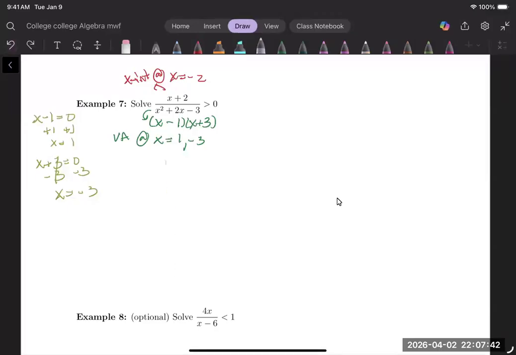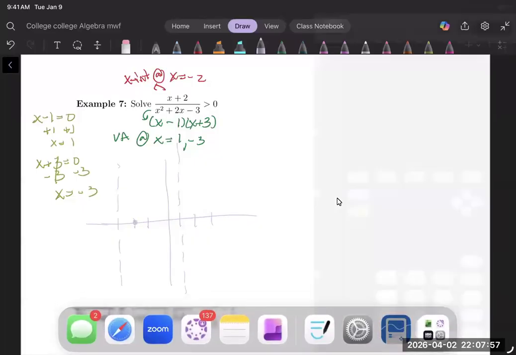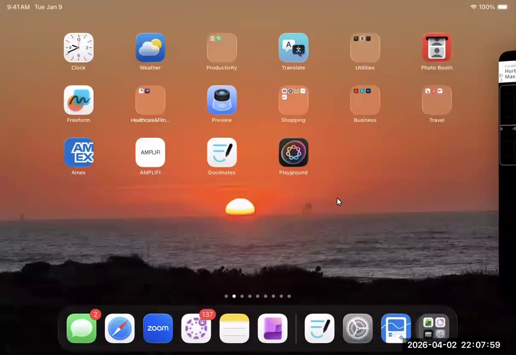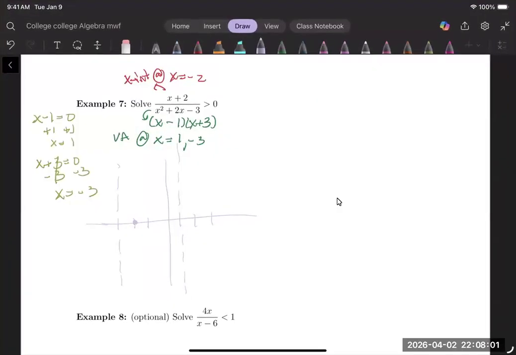Let's go, let's see. 1, 2, 3, 1, 2, 3, that 1. And then -2. I don't remember, what was it? Okay, below, come back. We also know that we have a horizontal asymptote at y equaling 0 because we are degree bottom heavy.